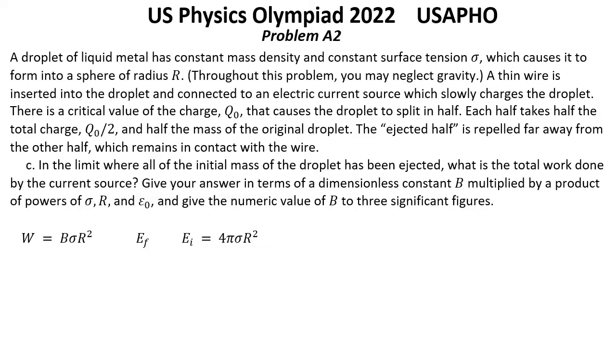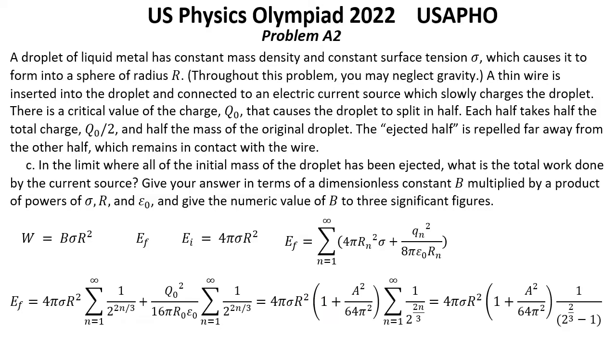The final energy includes the surface tension and the electrostatic energy of all the small droplets, which have a radius Rn and the charge Qn found in the previous problem. This means that the final energy is this one. Using results from part B, we can rewrite this sum, putting in all numbers from part B, and we will get this total final energy.